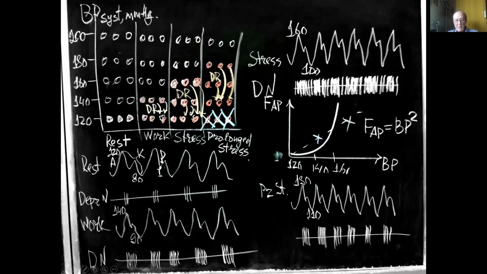The second property, the second feature: at the prolonged stress, they are excited very rapidly, because this is the quadratic equation between the frequency, the number of the action potentials, and the blood pressure.